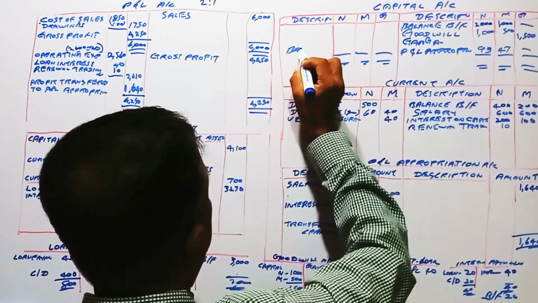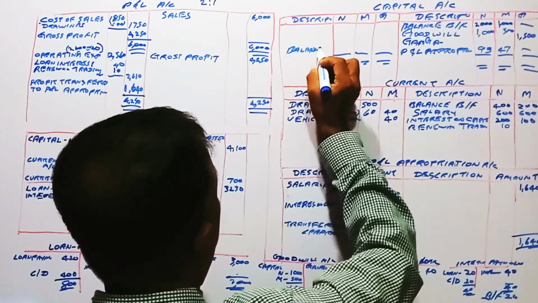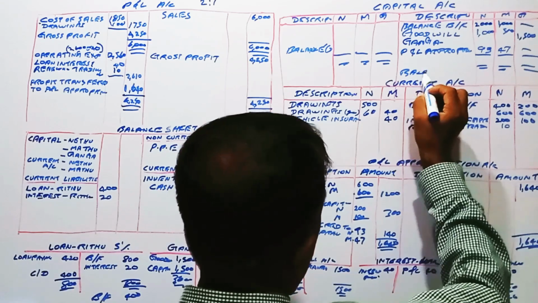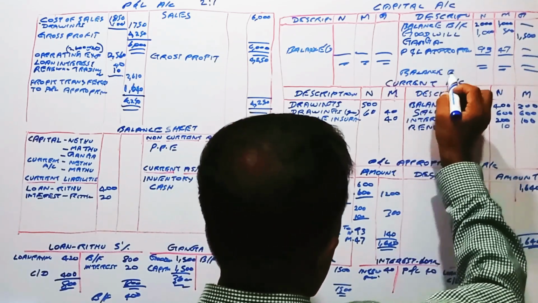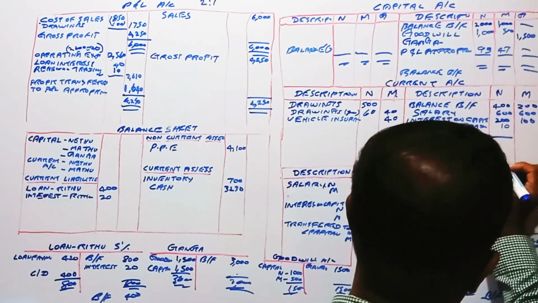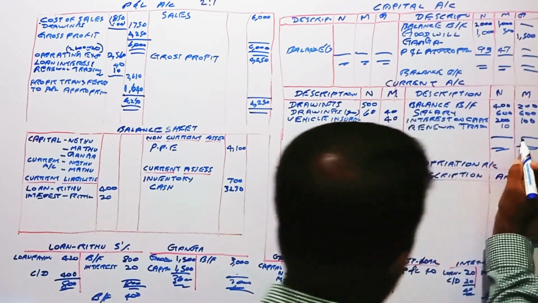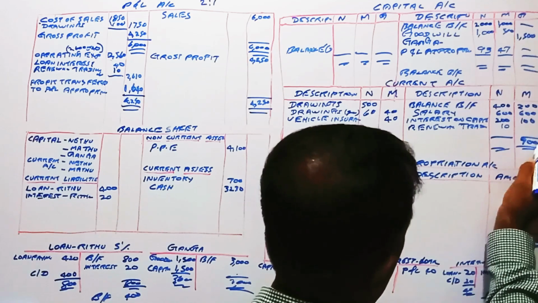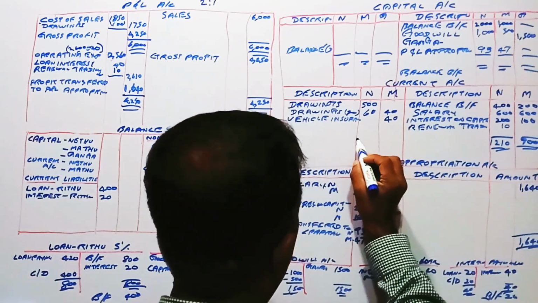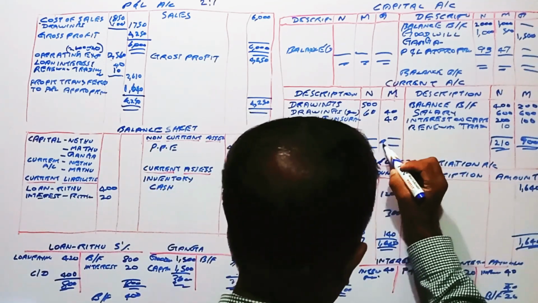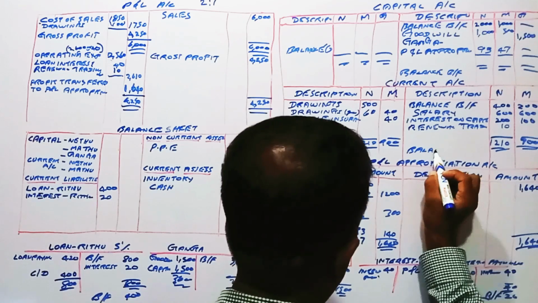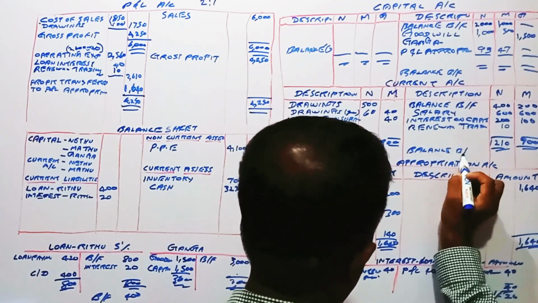Balance carried down, balance brought forward, right? This is also like that. 800, 900, 1,210, right? 900, 1,210, balance brought forward.